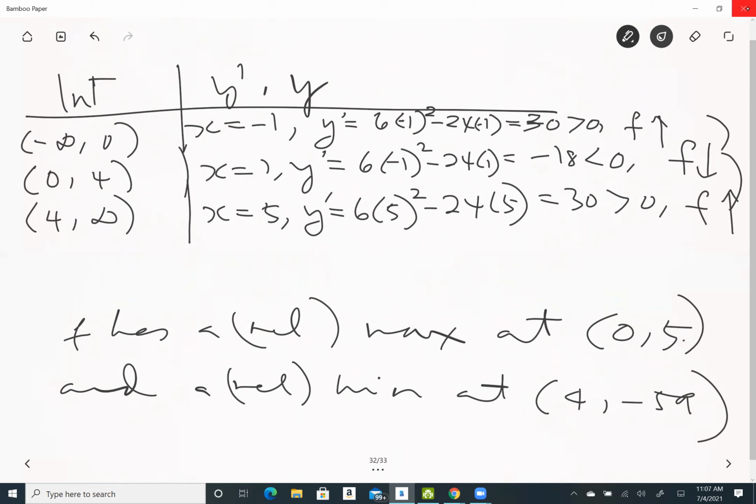So let's see whether there is any question that you can do. Let's go to the book and look at 10.1. Let us do a few questions.